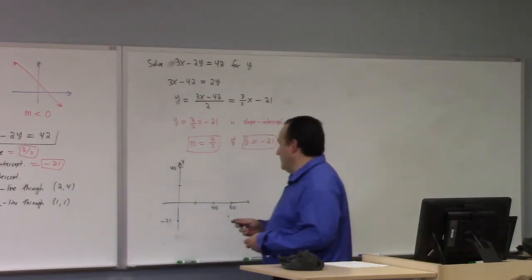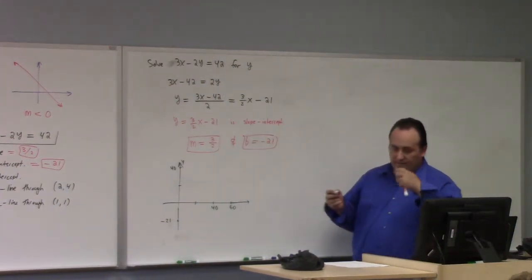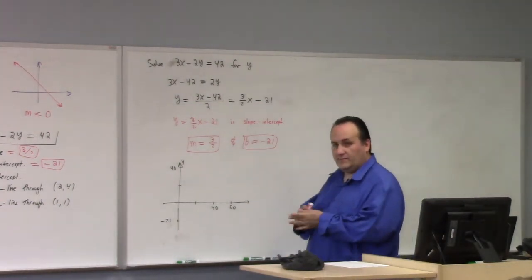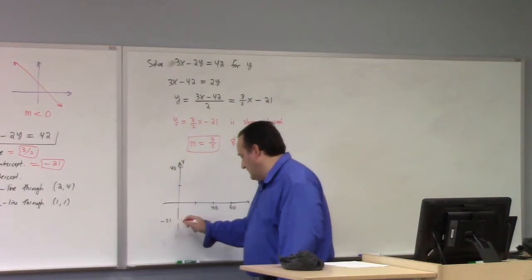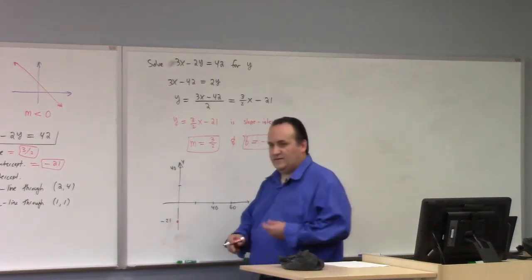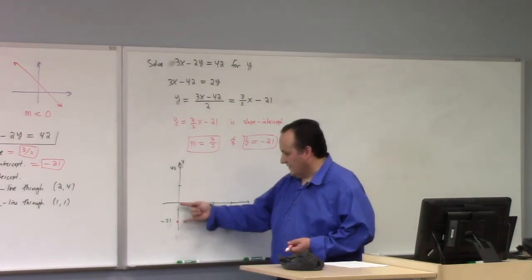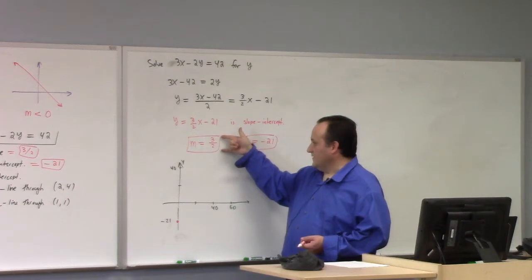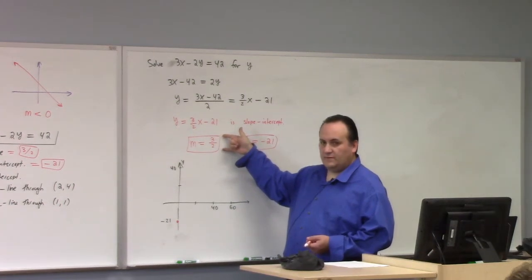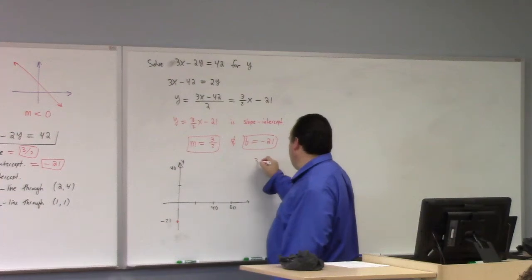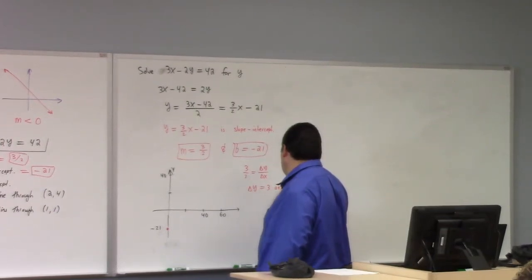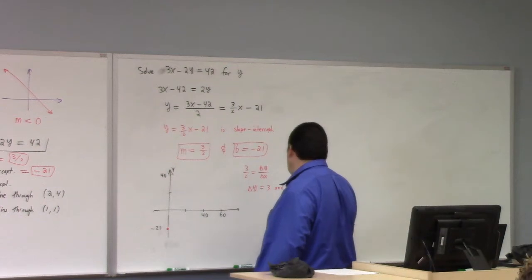One of the ways you can think about graphing: if you have a point on the graph, and we do, because if you know the y-intercept, you know a point. The y-intercept is basically here, minus 21, which is roughly minus 20 on my graph. Now what do I do? Rise over run. So I do 3 up and 2 over. 3/2 is change in y over change in x, so I can do a change in y of 3 and a change in x of 2.